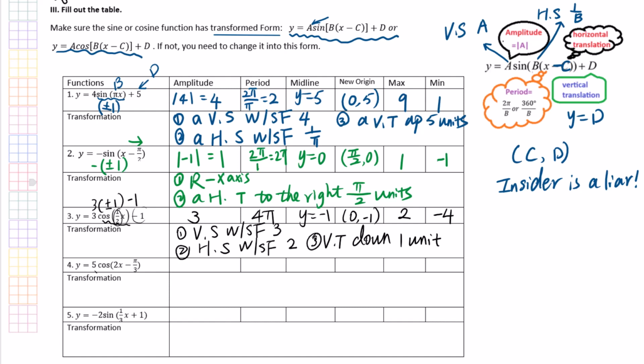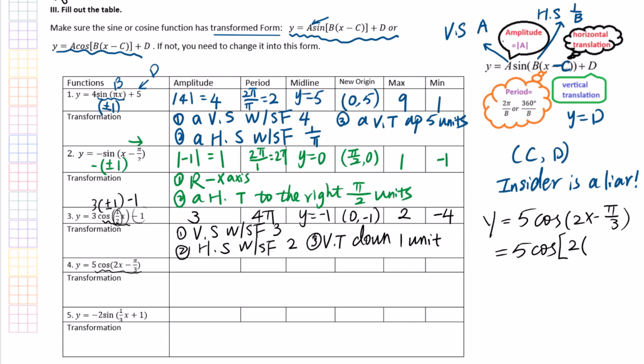Number 4, this is not a transformation form. Y equals 5 cosine 2x minus pi over 3. We need to take these two out.